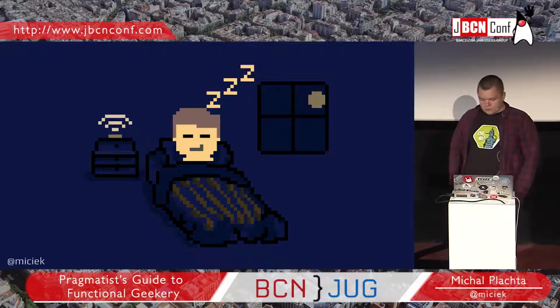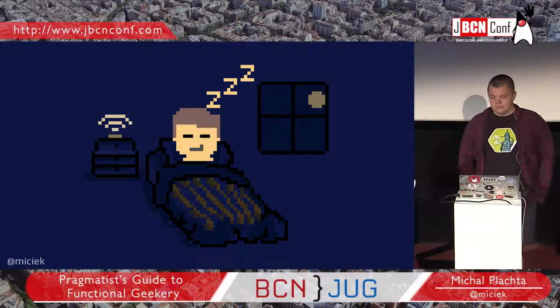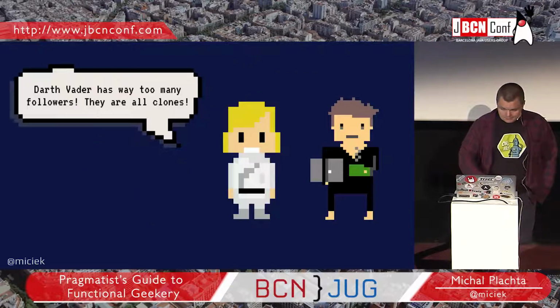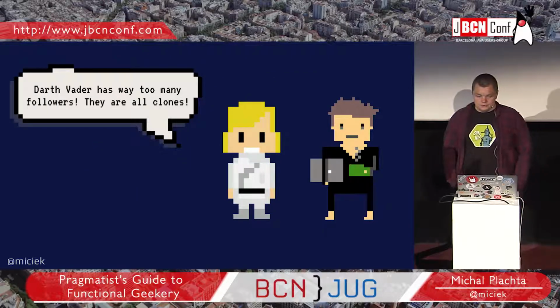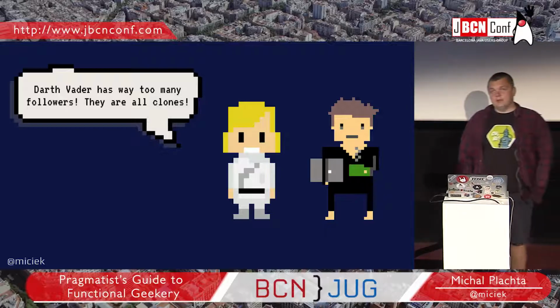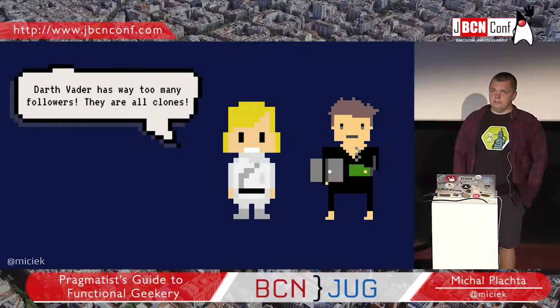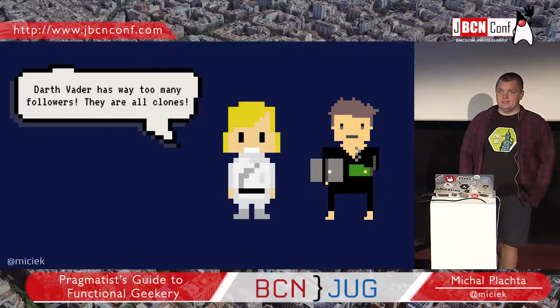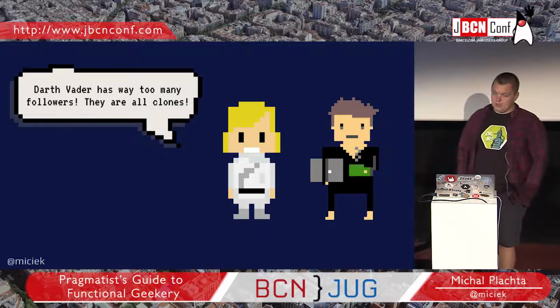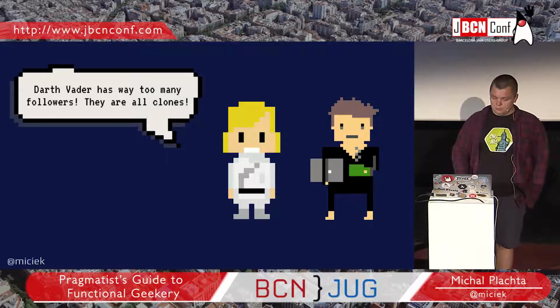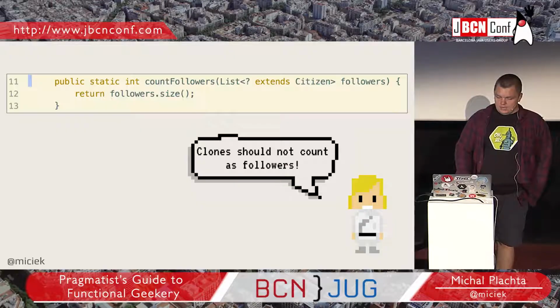Okay, so everything works fine, but one night our telephone starts ringing. And this time, it's not our client, it's our user. It turned out that our application has become very popular in the Galaxy. It's so popular that it started to be used as a propaganda tool. And the followers count of Darth Vader is very problematic for our user, who is part of the rebellion.